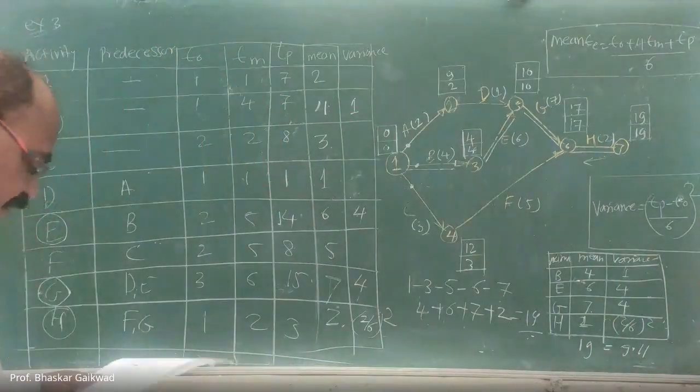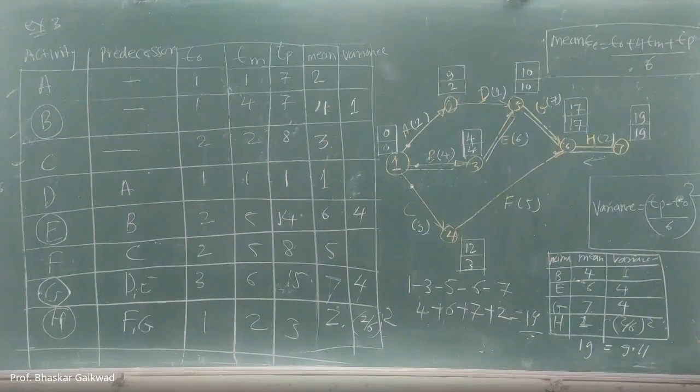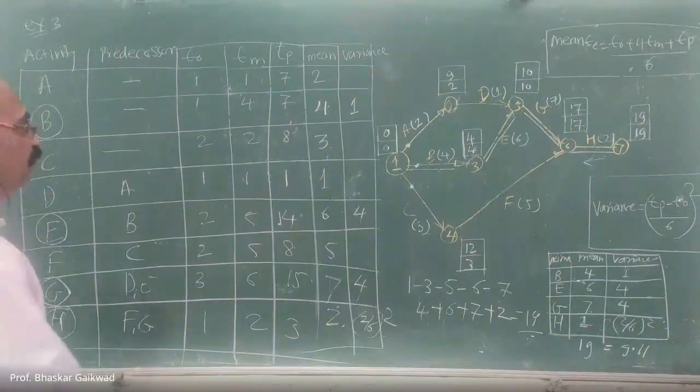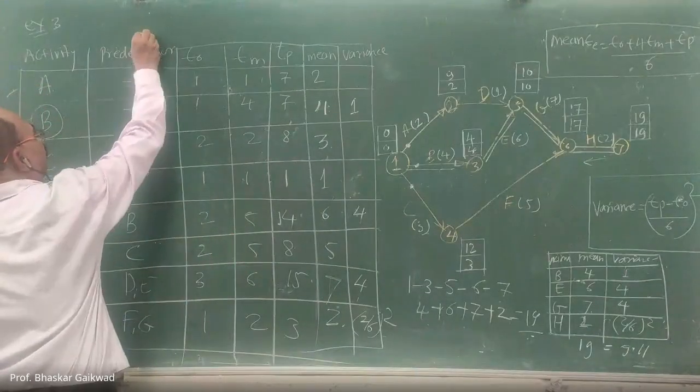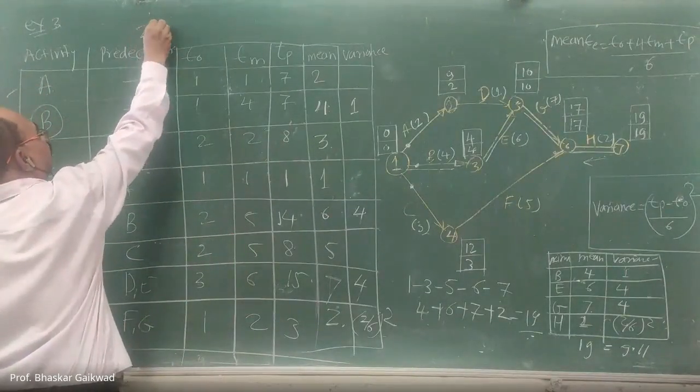Okay. Now what is the probability to complete the project in a given time? It is expected for 24 weeks. The question is: what is the probability to complete this project within 24 weeks?